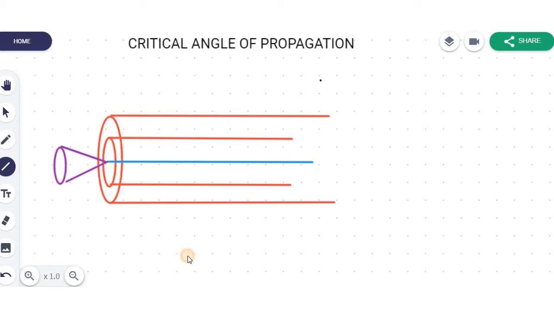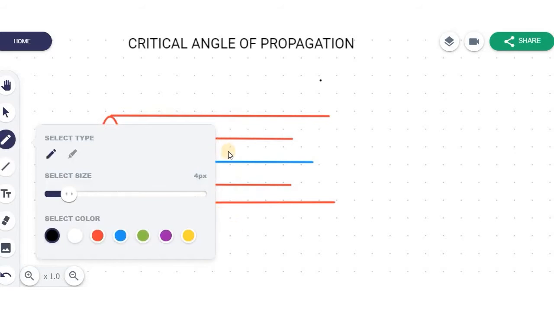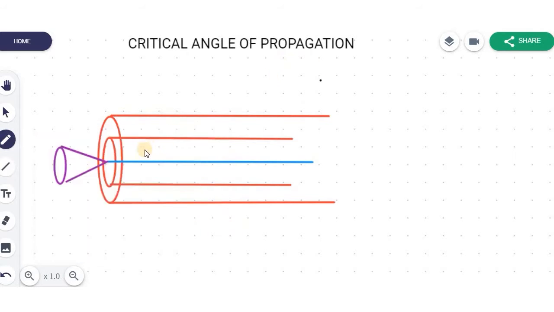Now what happens? Suppose this is the optical fiber, having a core of refractive index N1, and the cladding is having refractive index N2, and N1 is larger than N2.